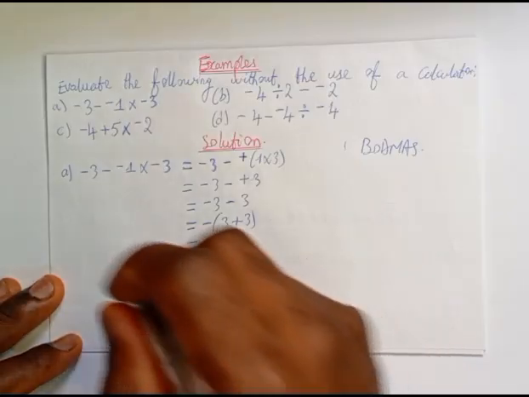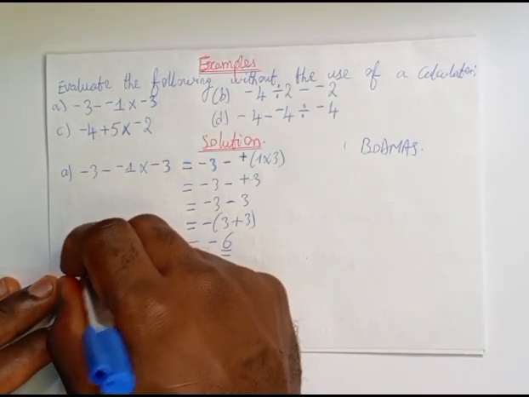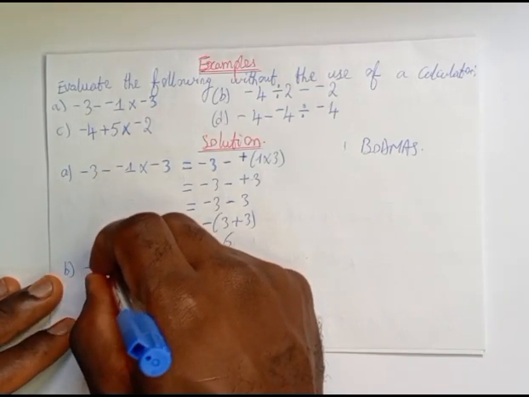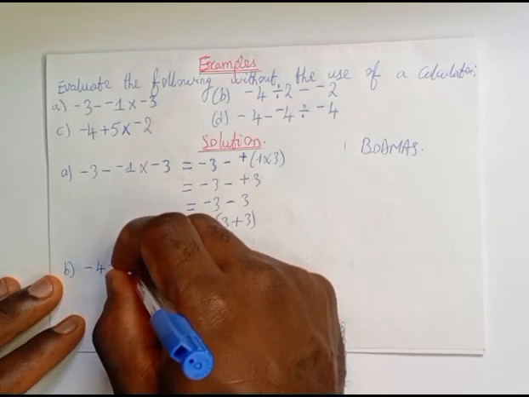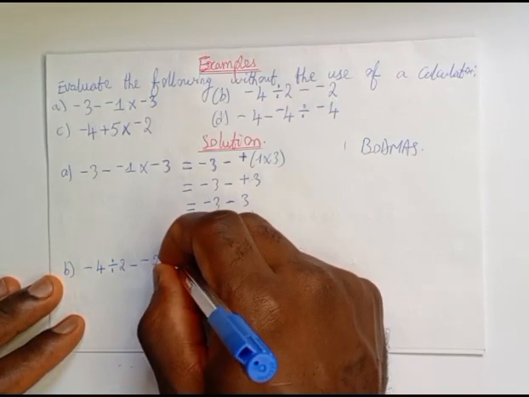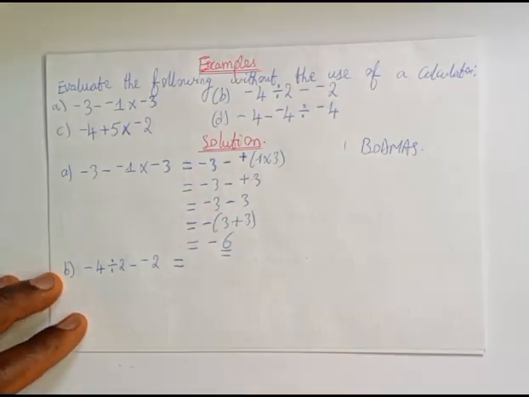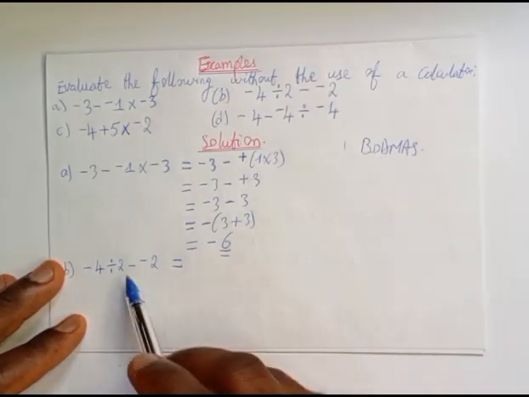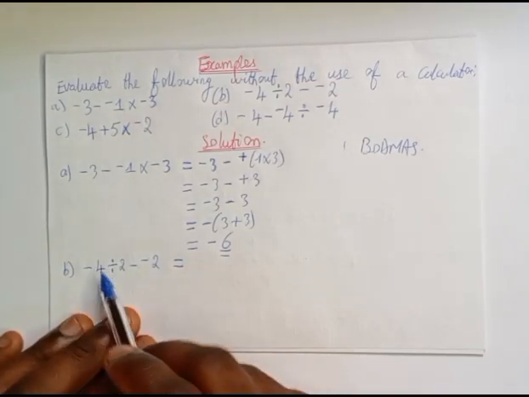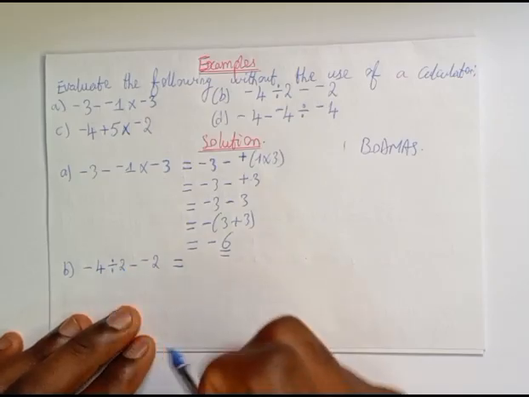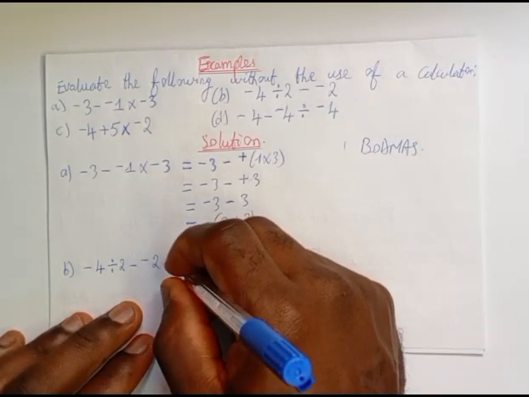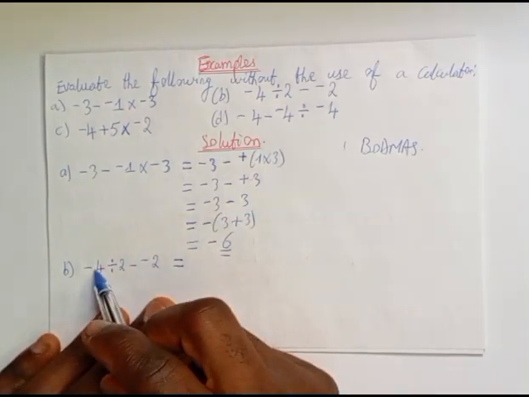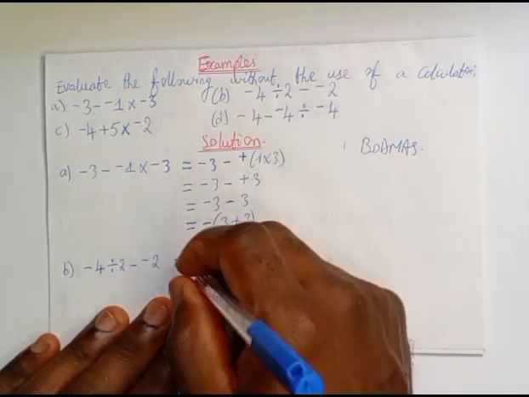We go now to B. For B, we have negative 4 divided by 2 minus negative 2. This will simply be equal to, according to BODMAS, we have to perform division first before subtraction. Negative 4 divided by 2, we are dividing a negative number by a positive number, the resulting sign will be negative.